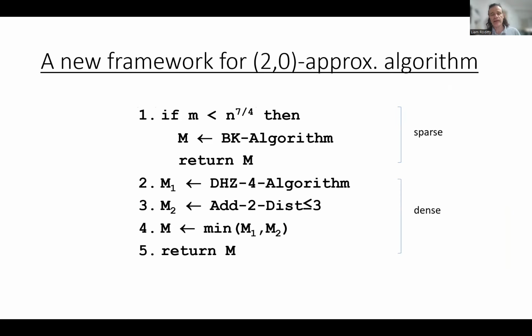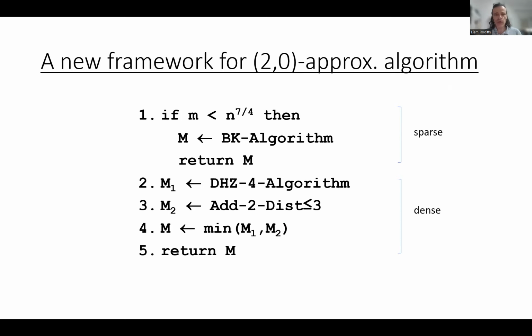So this gives the inspiration for the following framework for a (2,0) approximation. Divide the situation into two cases. For sparse graphs, you use the Baswana-Kavitha algorithm. Here we cut it at n^(7/4), but it doesn't really matter why it's n^(7/4) for now. And for dense graphs, try to use the algorithm of Dor, Halperin, and Zwick with the largest K that you can.